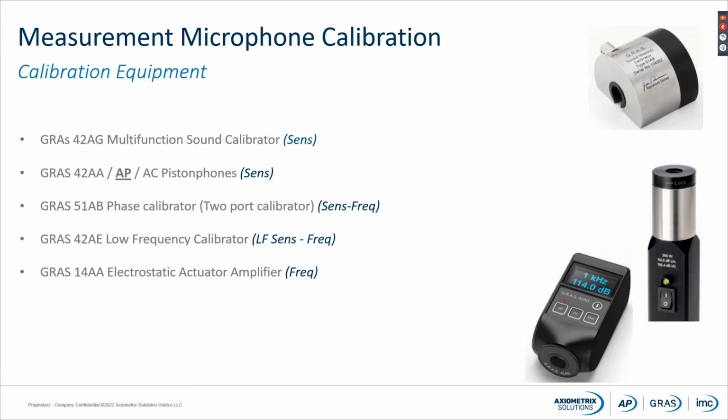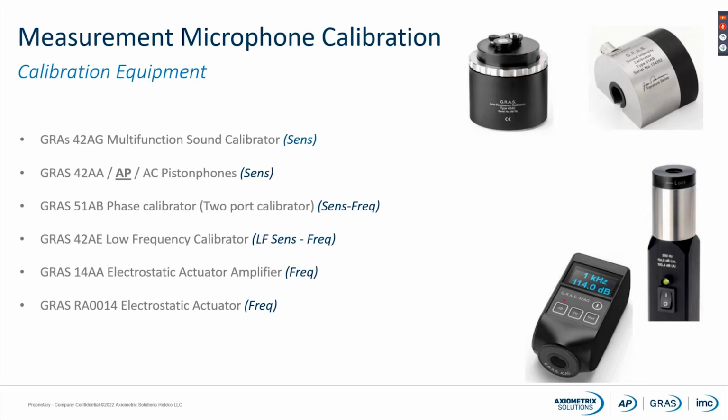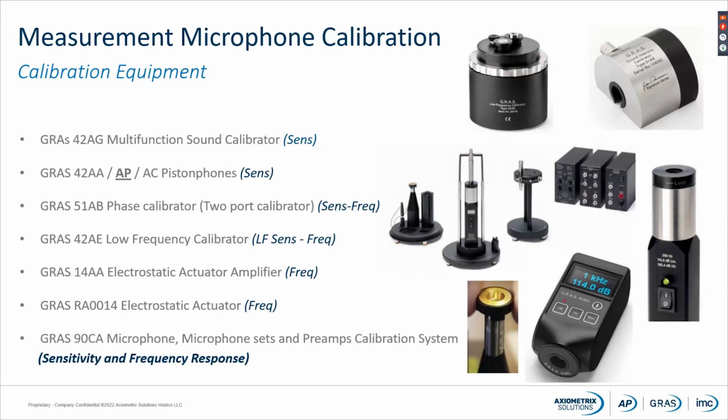The 14AA, the electrostatic actuator amplifier from GRAS for frequency calibration, the RA14, the electrostatic actuator, and then we also have the 19CA, the microphone calibration system, which can calibrate both sensitivity and frequency response.